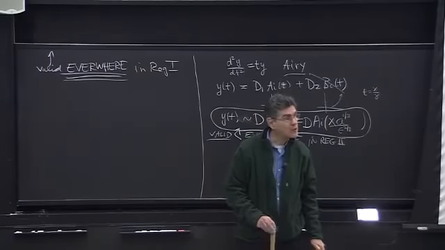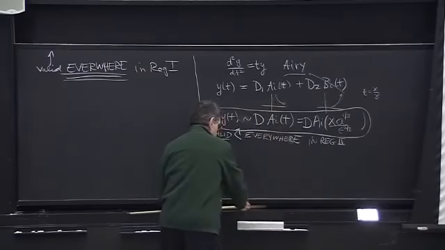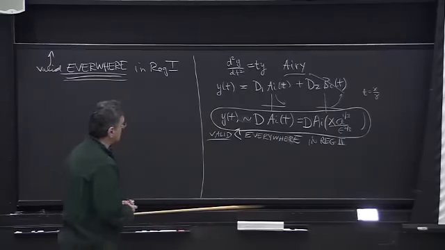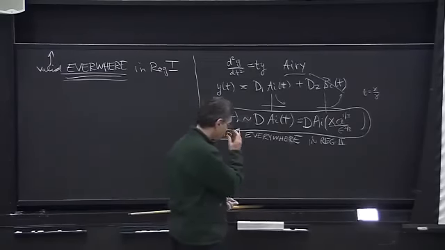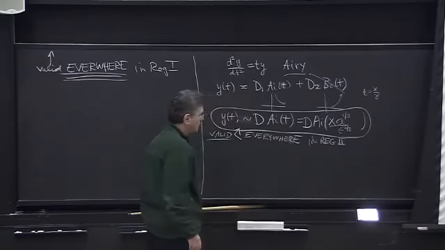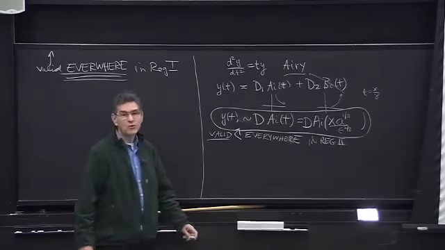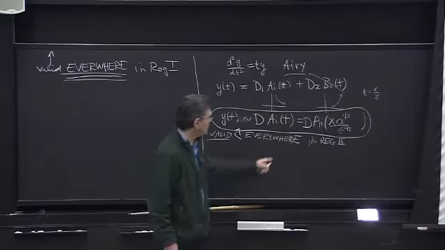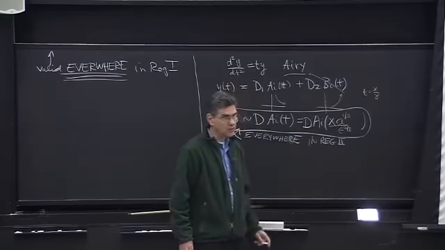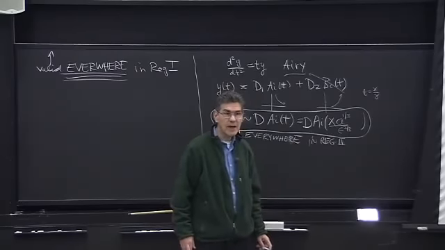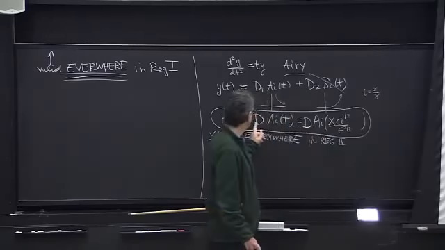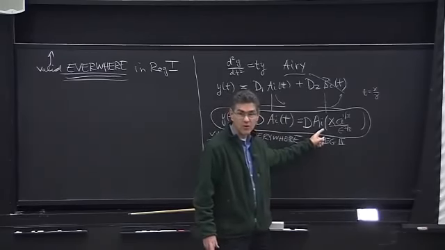Now, how do we do this? We have to define the overlap region. Where is the overlap region? In fact, we need to go and get a book. We need to look up the asymptotic behavior of the Airy function, because we're going to make a further asymptotic approximation to this asymptotic approximation.